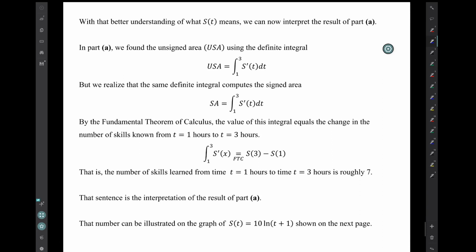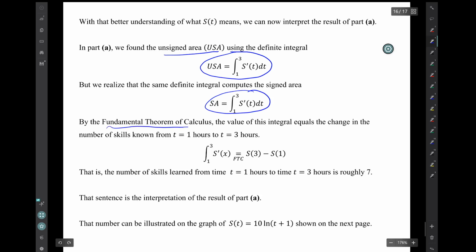With that better understanding of what capital S of t means, we can now interpret the result of part A. In part A, we found this unsigned area using this definite integral. But we realize that that same definite integral computes the signed area because the graph of capital S prime is above the t-axis. So the unsigned area between the graph of capital S prime and the t-axis is the same as the signed area between the graph of capital S prime and the t-axis.